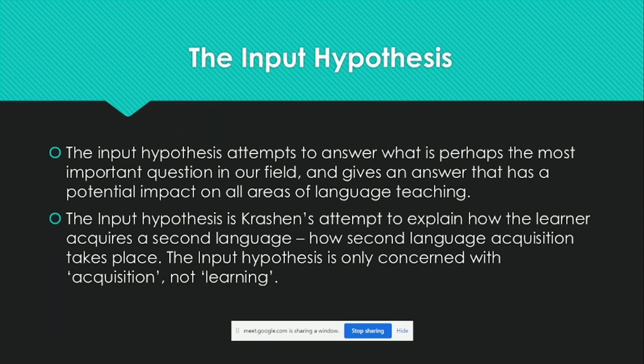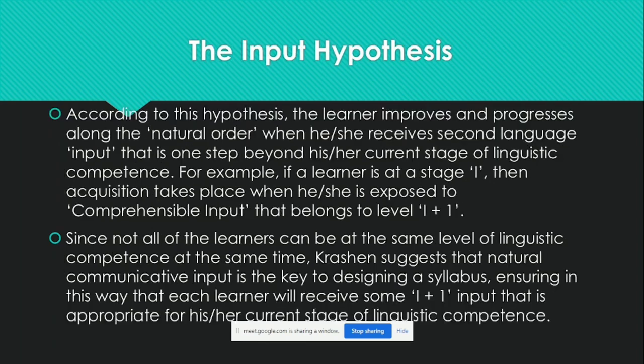So let me review acquisition versus learning. Acquisition is subconscious, while learning is conscious or deliberate. According to this hypothesis, the learner improves and progresses along the natural order when he or she receives second language input that is one step beyond his or her current linguistic competence.